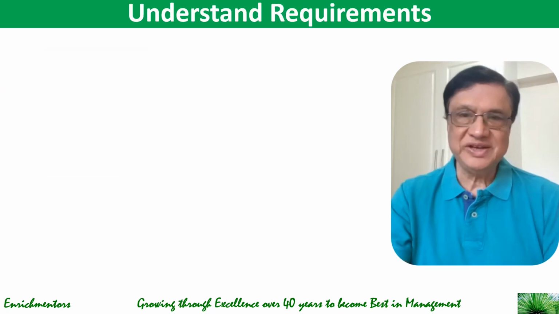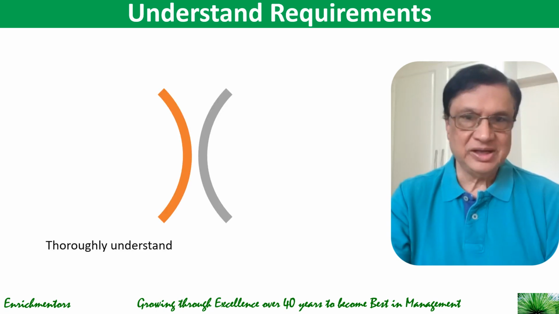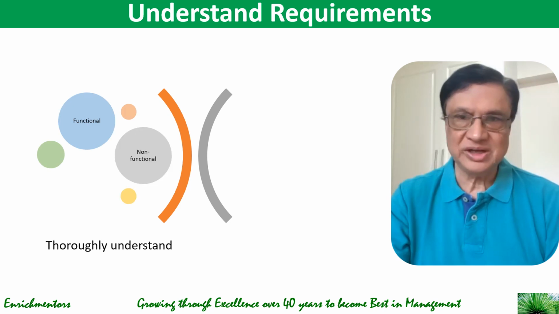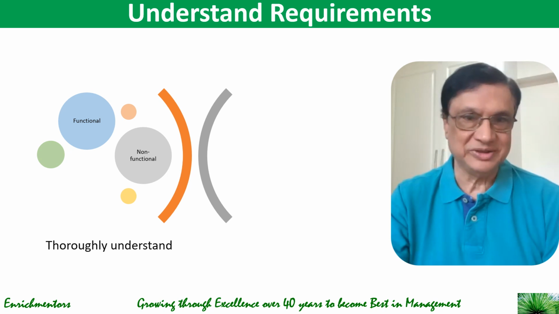So first thing, as we had said in the last section, was to understand the requirements, and that you begin by thoroughly understanding the functional and non-functional requirements of the system. What are the things that the system should produce, as well as non-functional requirements.